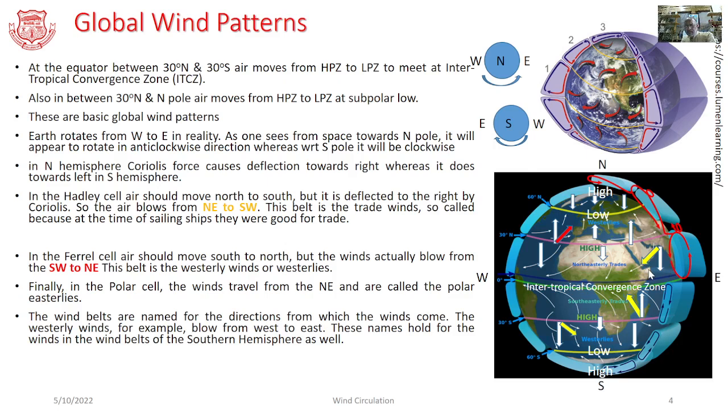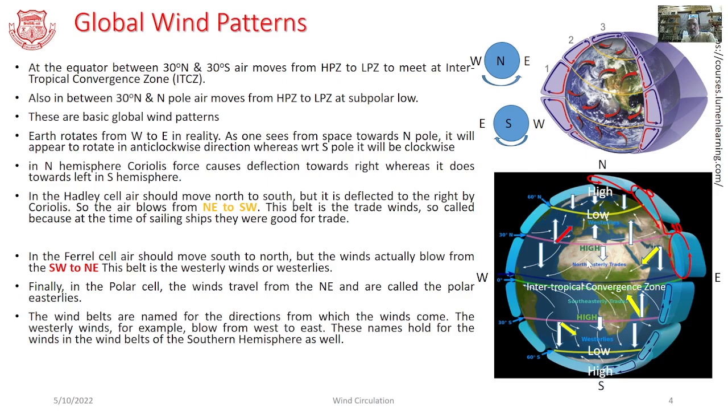This belt is called the trade winds, as it was called at the time of the sailing ships. These winds were supporting the sailing of the ships. In the next cell, that is the Ferrel cell in the northern hemisphere, the air should move from south to north.